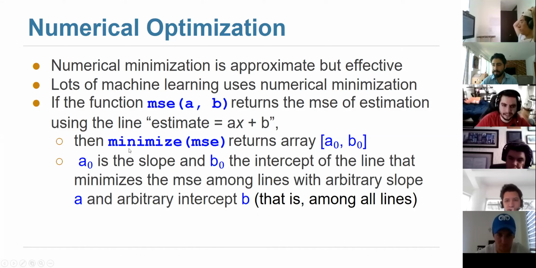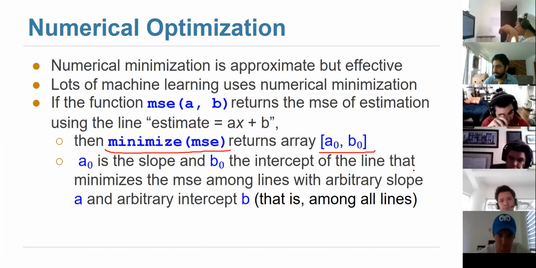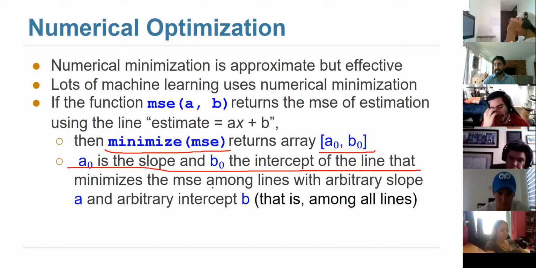It turns out that we have these functions in Python. The name is minimize. If you call any function using this minimize, it returns an array where A0 is the slope and B is the intercept of the line which minimizes the mean square error among all the possible lines.